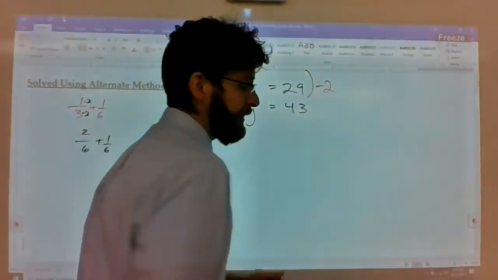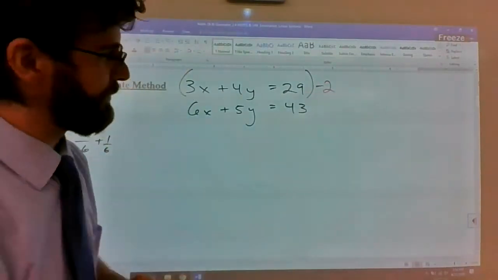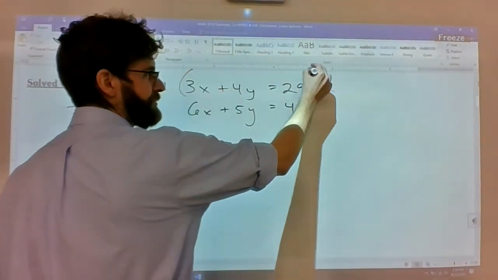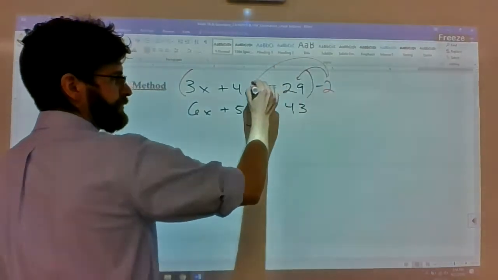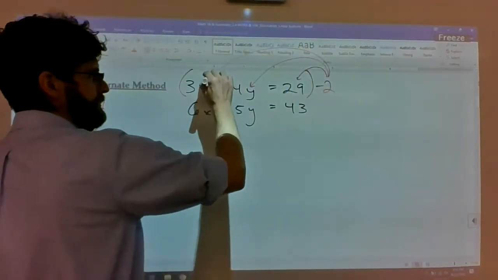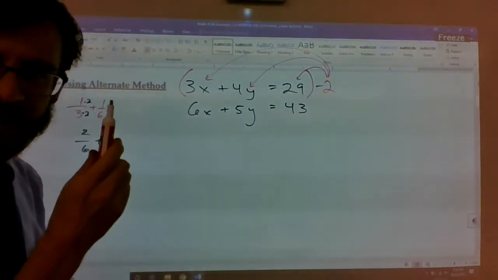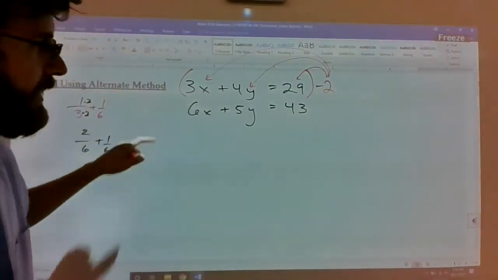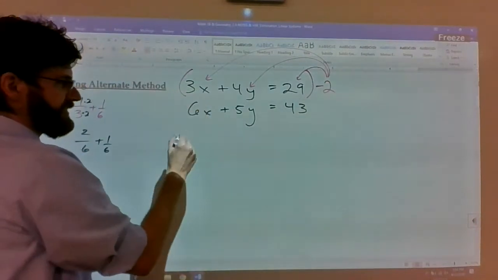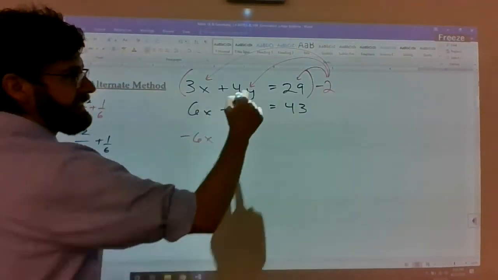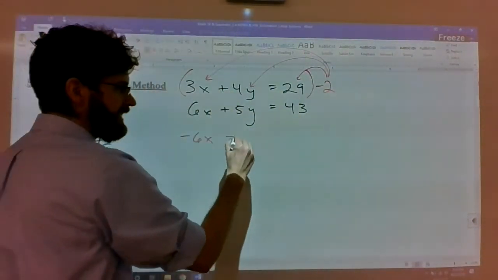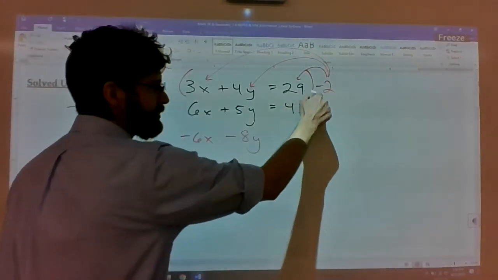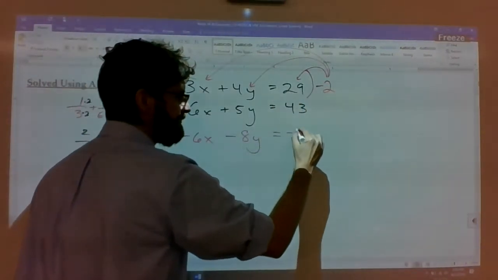So, by the way, if this isn't making sense, just please stay with me. You're going to take negative 2 times 29, negative 2 times 4y, and negative 2 times 3x. I'm going to write it in red below 6x plus 5y equals 43. So negative 2 times 3x is negative 6x. Negative 2 times positive 4y is negative 8y. Negative 2 times 29 is equal to negative 58.